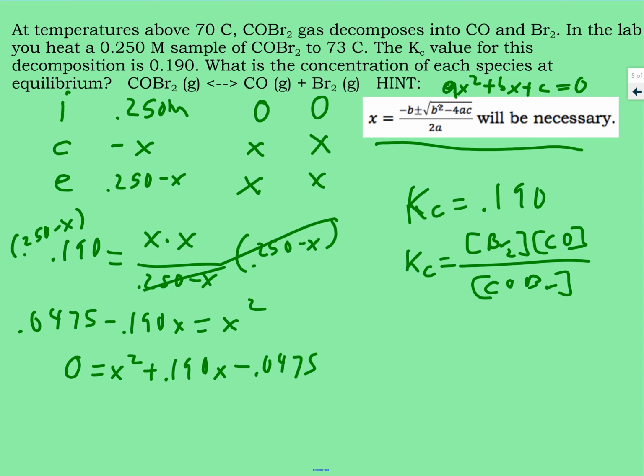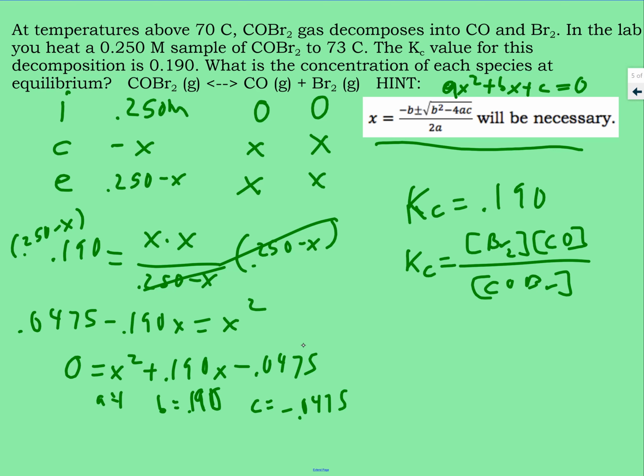And we can type that all into my calculator, which I did earlier. So a is 1, just so you know, b is 0.190, and c is going to be negative 0.0475. It's important to make sure you get that negative sign in where appropriate. And so I'm going to plug it in.